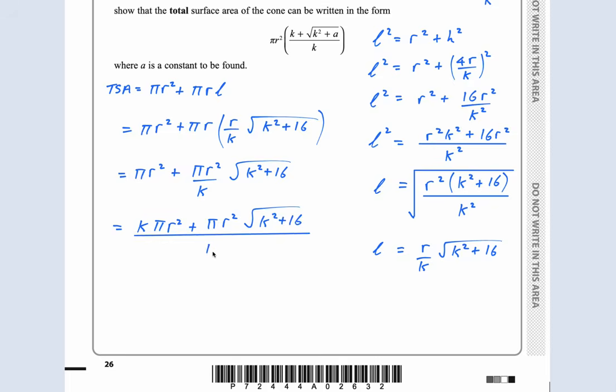So this is just common denominator, and then I can take out the pi r squared, which I like because it's out here.